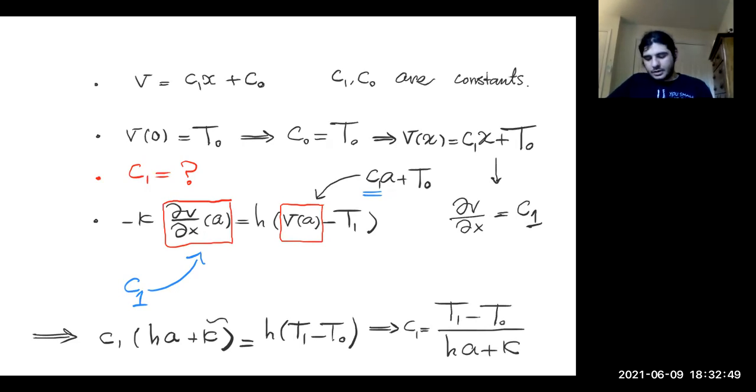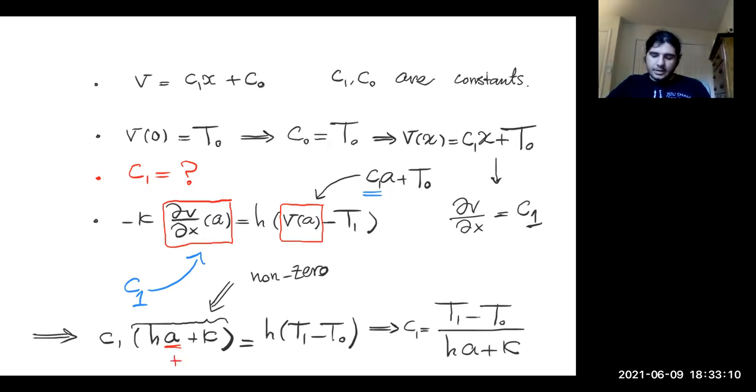Assuming what we have here is non-zero, which I think is the correct assumption here. Let's see. So we know A is a positive number.